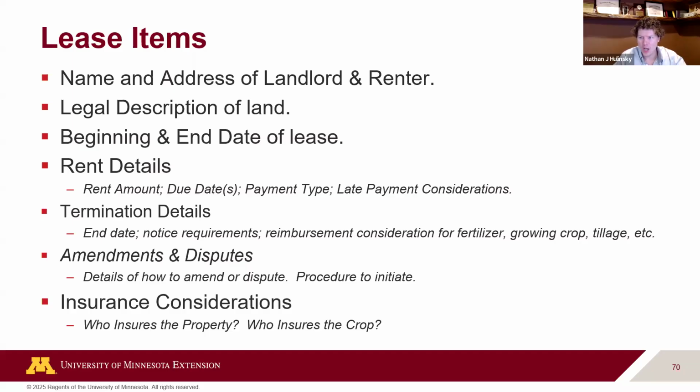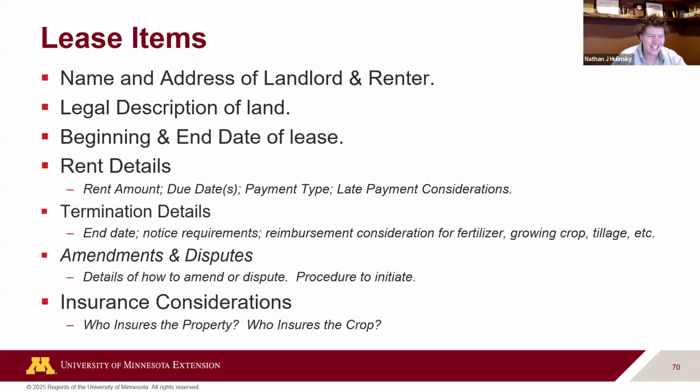Most leases are 1, 2, 3 years in length. It is very common for the farmer to have a first right of refusal into the lease, meaning at the end of the 2-year lease, that farmer has first rights to rent it for the next year instead of going to someone else first. So that's very common to include.